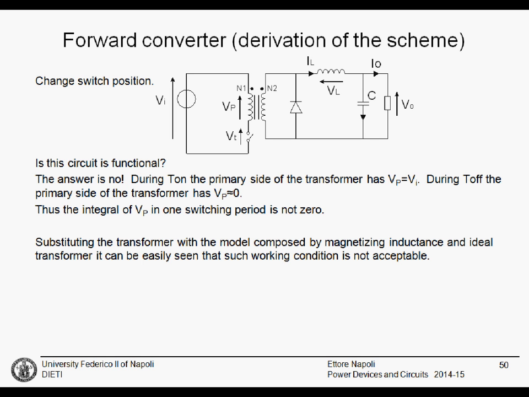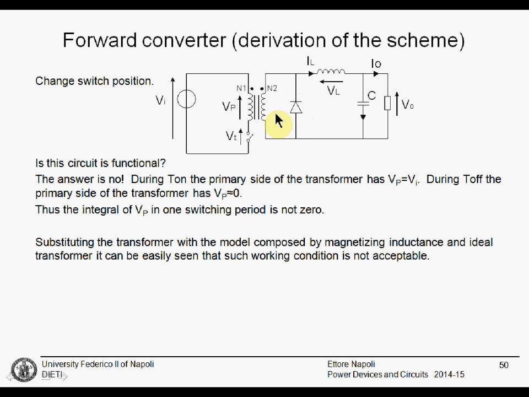Please note that during the on phase, when the switch is closed, the primary side of the transformer is just experiencing the input voltage. Vp is equal to Vi. When the switch is off, we need a constant current in this inductance that will freewheel through this diode.